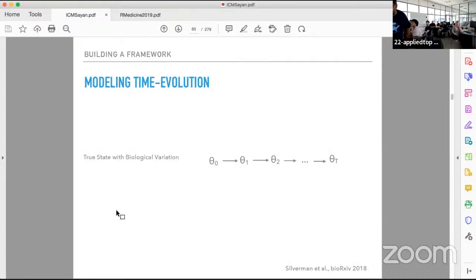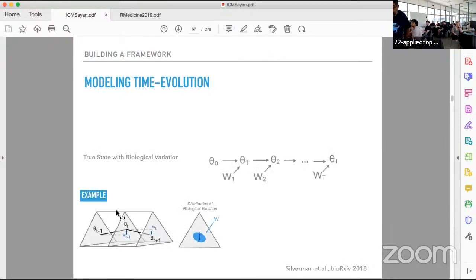So I want to give you an example where we use this. And how many people here are familiar with what's called a Kalman filter? Okay, let me just write down a picture of the Kalman filter and we'll come back.